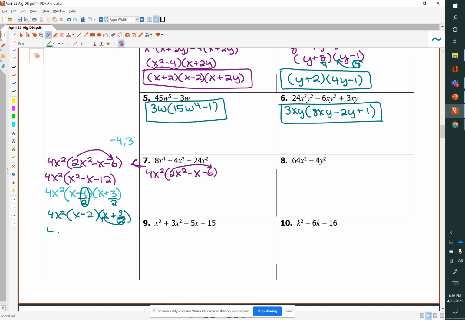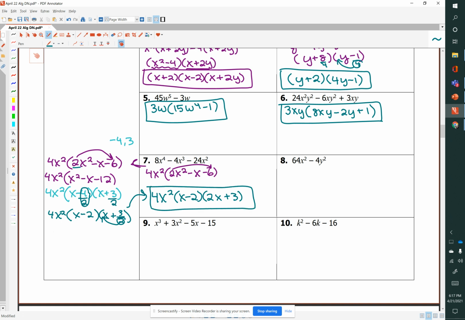So we will have, and let me write this back in the original box for number 7. Let's finalize this. It will be 4x squared times x minus 2, and then with the 2 sliding up in front of the x, 2x plus 3, and that is a final answer for number 7.